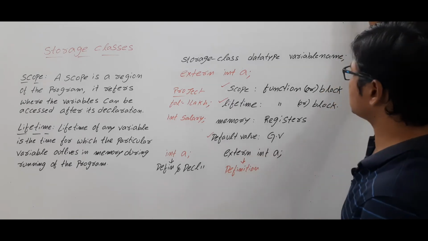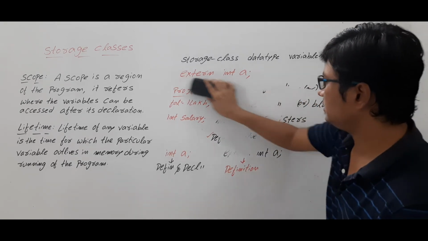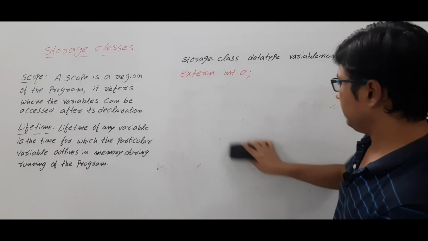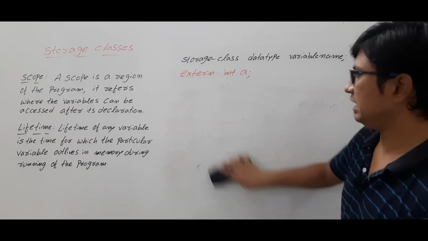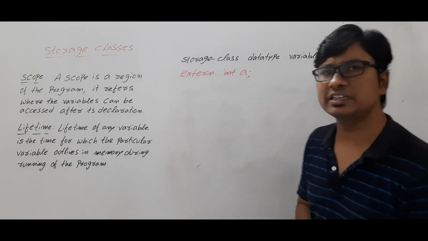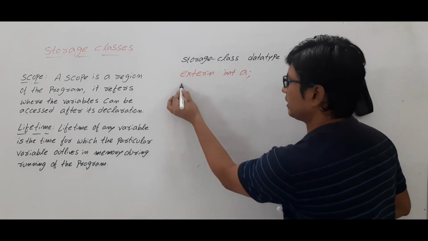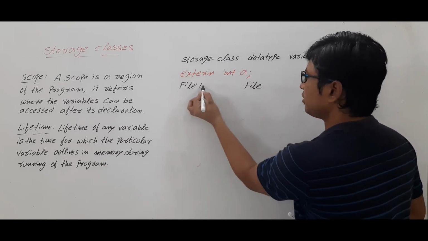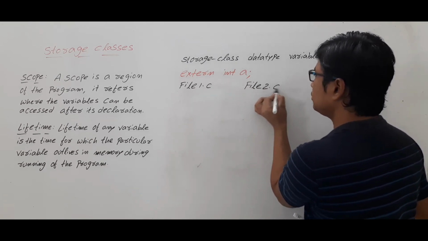Let me discuss a simple example, then you will understand. Let's take that in my project I have two files, file 1 and file 2. Is it clear? This is file1.c, this is file2.c.